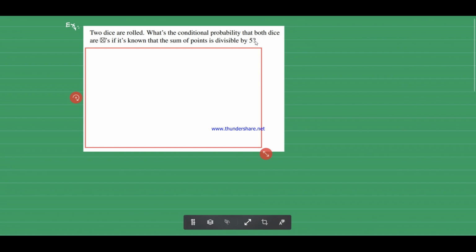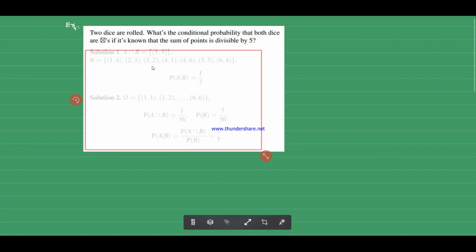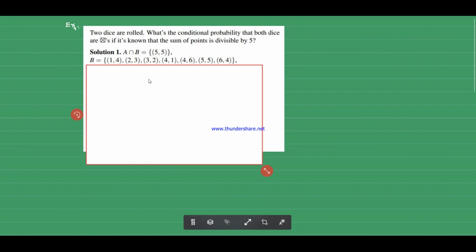So you need to find the sample space for that set, and we need to find the cardinality for this event also. So let's see how we do that. Over here we're going to find the intersection. The sum is divisible by 5.